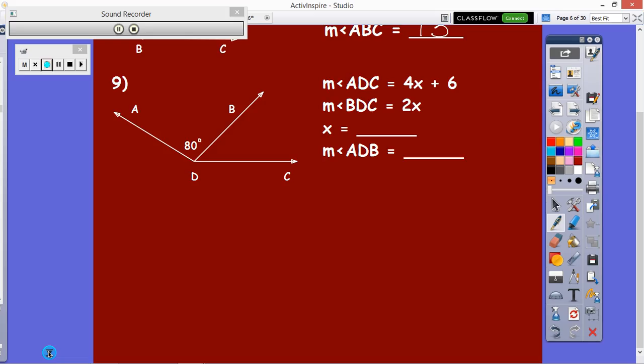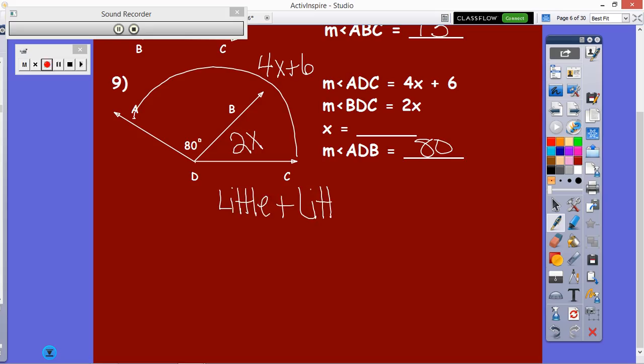We know that ABD is 80. They gave us that. We also know that BDC is 2x. And not only that, we know that our big angle of ADC is 4x plus 6. So if you notice here, we actually do have enough information to do little plus little equals big.